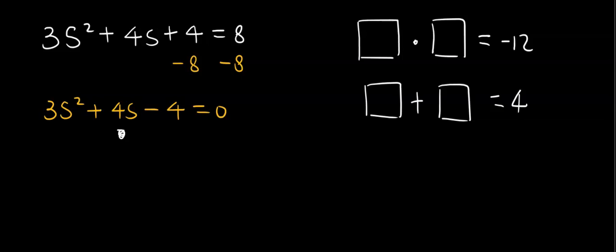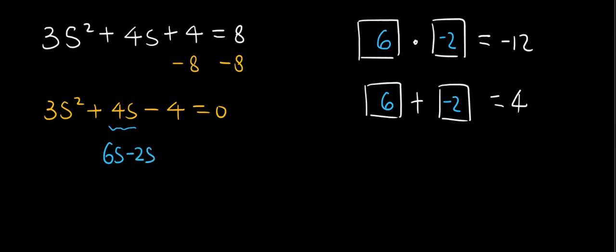Pause and think what you can have, these two magical, beautiful numbers. All right, how about 6 and -2? 6, -2 works. So we come here, we're going to rewrite 4s into 6s and negative 2s.